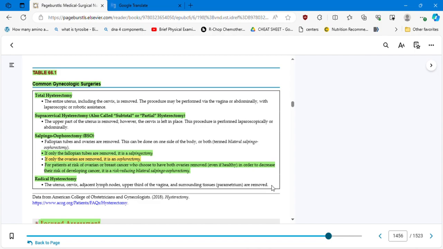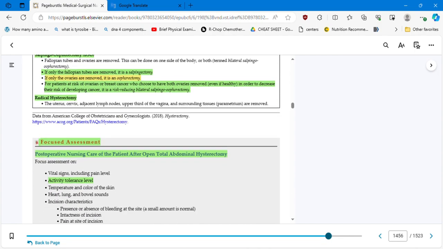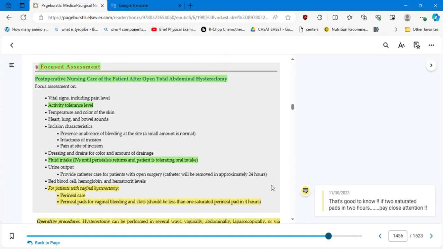That's the radical hysterectomy. Okay, so focus assessment, postoperative nursing care of the patient after open total abdominal hysterectomy. The assessment is going to focus on activity tolerance level, heart, lungs, and bowel sounds, right? We want to know if there is presence of bleeding.